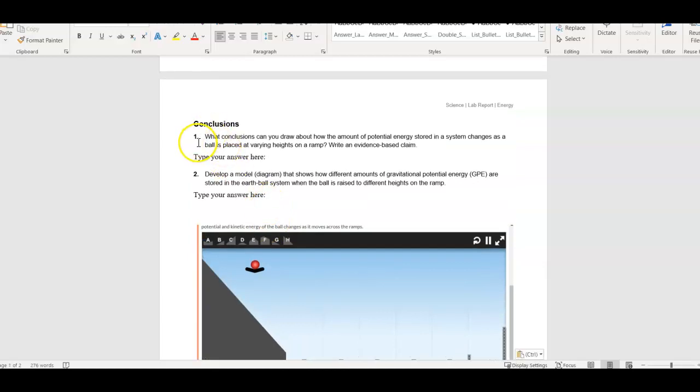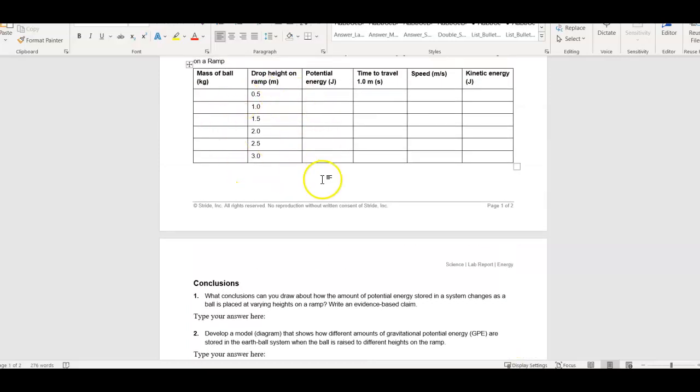Going back up here to the conclusion, what conclusions can you draw about how the potential energy stored in a system changes as the ball is placed on varying heights on the ramp? So when you write a conclusion, you need to go back up to your data and see what those numbers show. We saw that the higher the ball was, the faster the speeds.